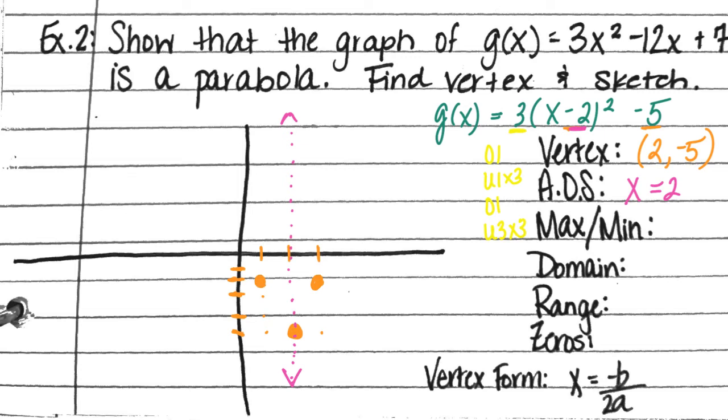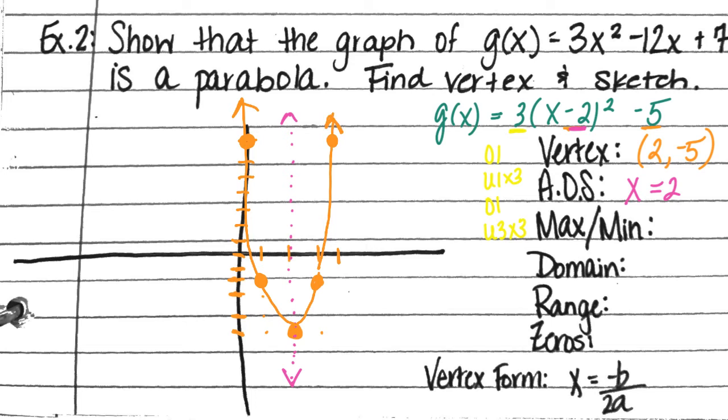So from this dot right here, I'm going to go over 1 up 1, 2, 3, 4, 5, 6, 7, 8, 9. Whoa, this one stretches to the heavens. Over 1 up 9. And it looks like now I have some x-intercepts and some y-intercept, well, one y-intercept. And that is what my parabola looks like.